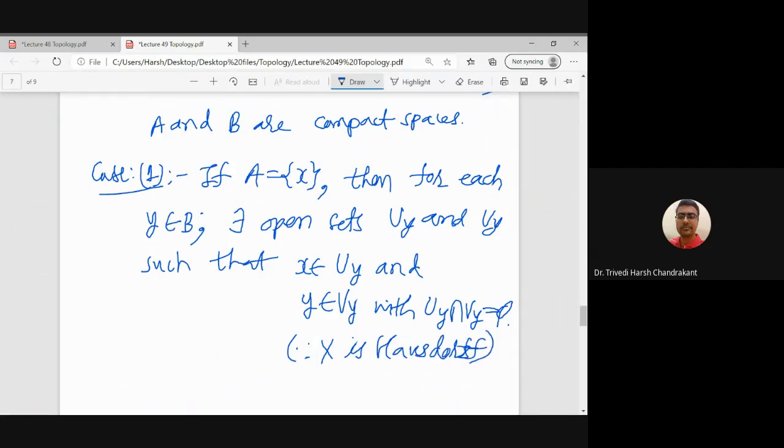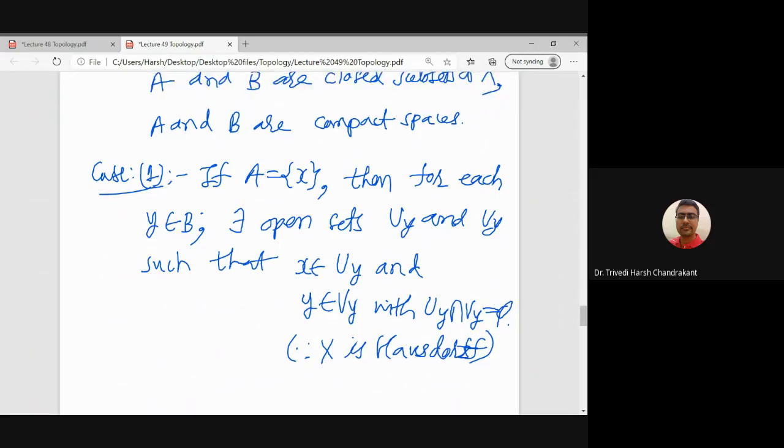So X is Hausdorff means whenever we have two points x and y, we can separate them by open sets U and V. So here also we are choosing x and y, but we are changing y over the set of all elements of capital B. As many elements of B as there are, we will get that many Uy and Vy.